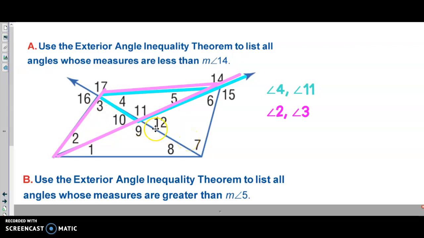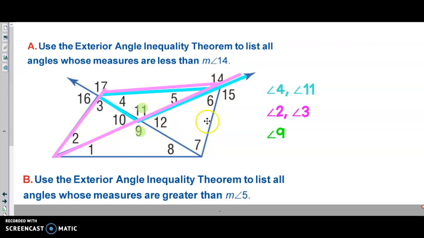Looking at this picture, I think there's a couple more things we can say. Knowing that 9 and 11 are vertical angles, that would also make angle 9 less than 14, because if 9 is equal to 11 and 11 is less than 14, then 9 should be as well. And then again, using angle 11, I can see that angle 11 is an exterior angle to the triangle containing angles 6, 7, and 12.